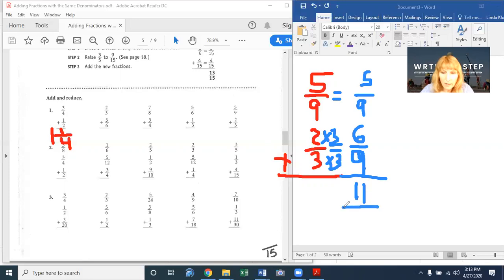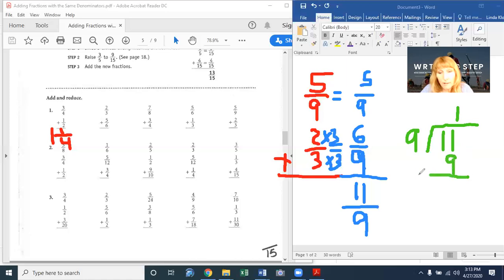11/9. And again, my fraction's improper. So I'm going to divide by putting the top number on the inside and the bottom number on the outside. How many 9s go into 11? 1. 9 times 1 is 9. 11 minus 9, 2.